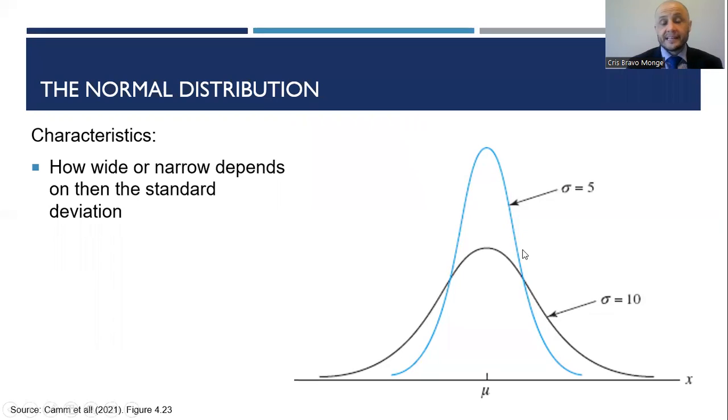The one in which the standard deviation is larger occupies more space. It's a little bit shorter, but wider. On the other hand, a normal distribution with the same mean but a smaller standard deviation means that the values will be more concentrated in the middle. Therefore, it's going to be more narrow, a little bit taller.